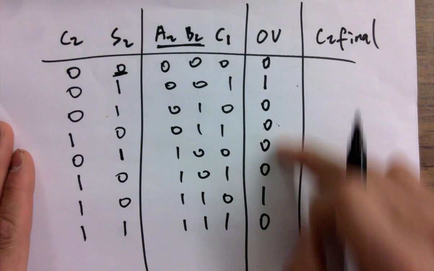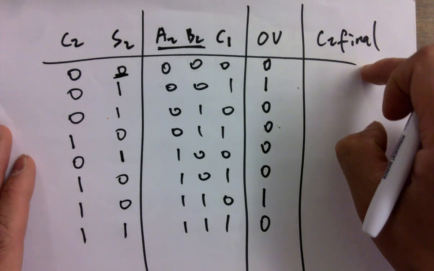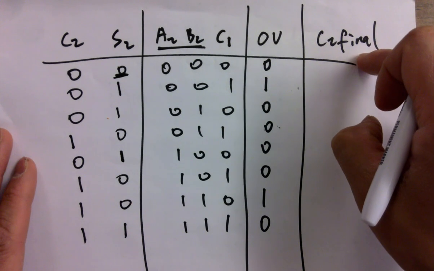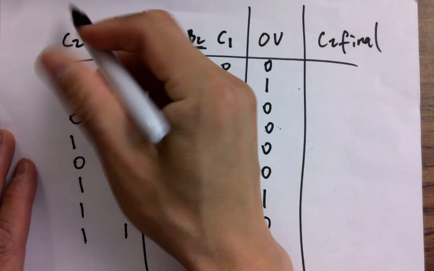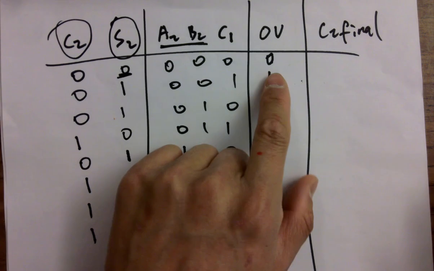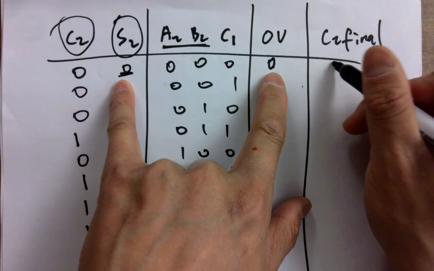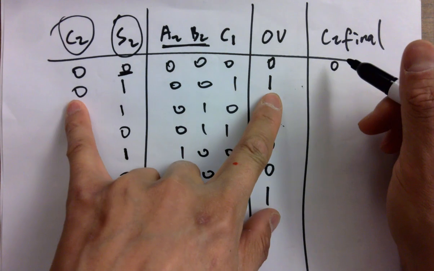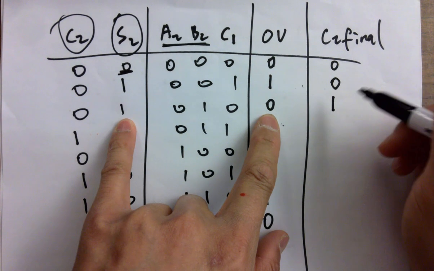So by knowing whether it overflows or not, we will be able to know what the final MSB should be, right? It's either duplicating the MSB, which is this guy, or adopting C2. So if it's 0, just do 0, right? Just duplicate it. No overflow. Overflow, C2. No overflow, S2.